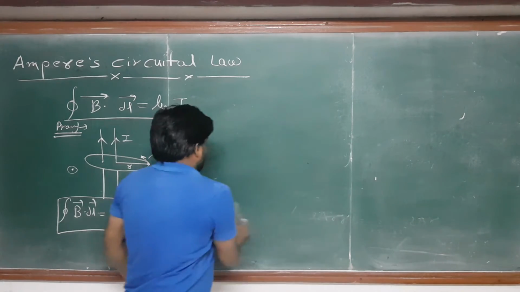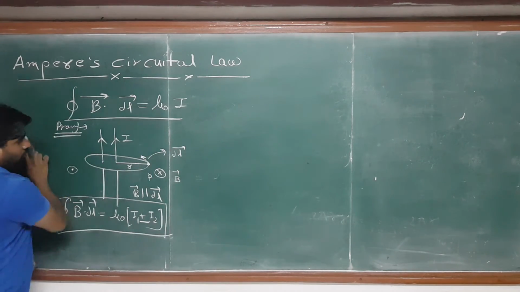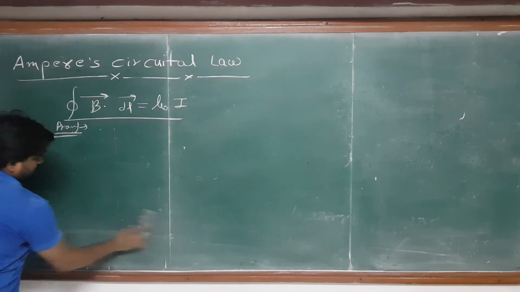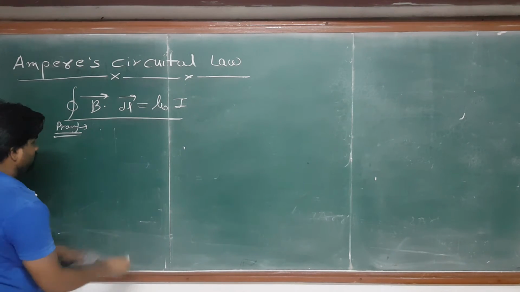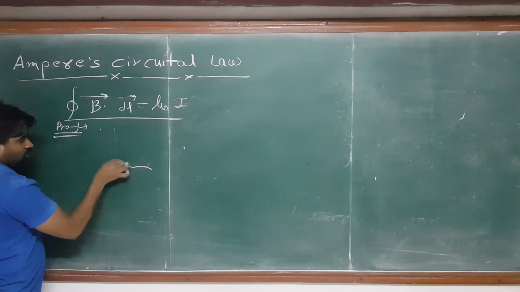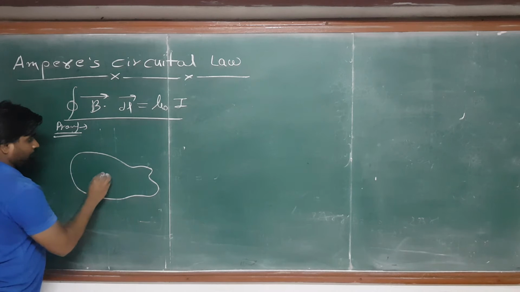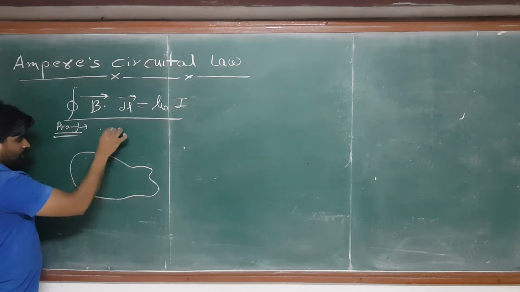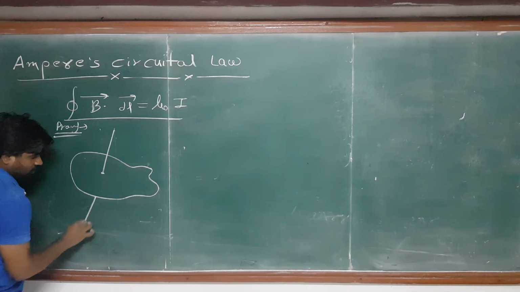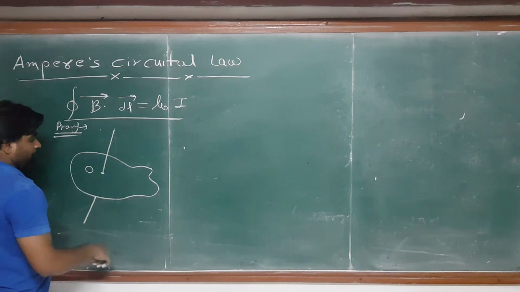So this is for the uniform, I am erasing it. Let's suppose I have this non-uniform lamina, and this is the current carrying conductor passing through this point. It's called its center.